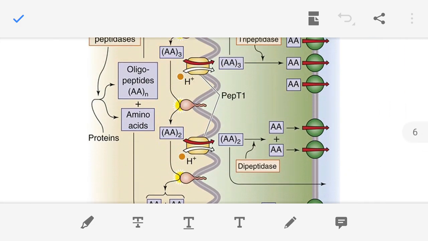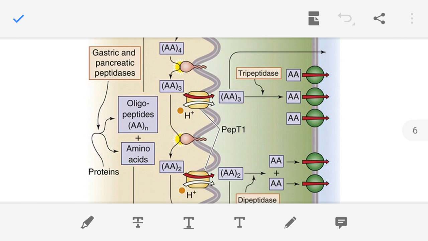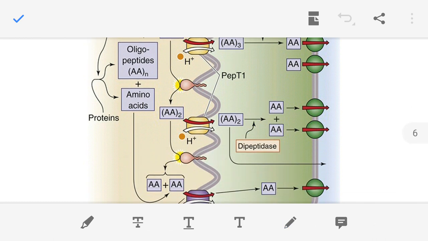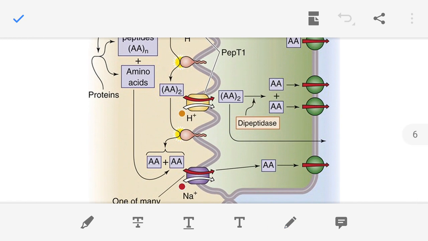So in the cytoplasm, what is there? In the cytoplasm we have AA3, the tripeptide, AA2, the dipeptide, and AA, the amino acid.